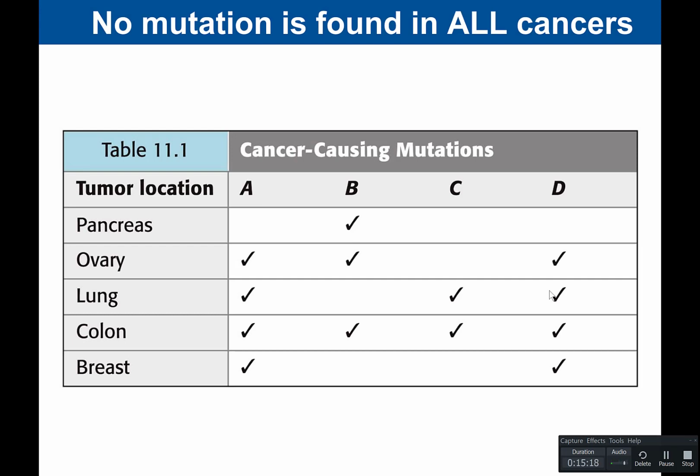And depending on which genes are being misregulated, meaning that they're not controlled, causing the cell to divide out of control, then we can choose a particular drug depending on the types of mutations.